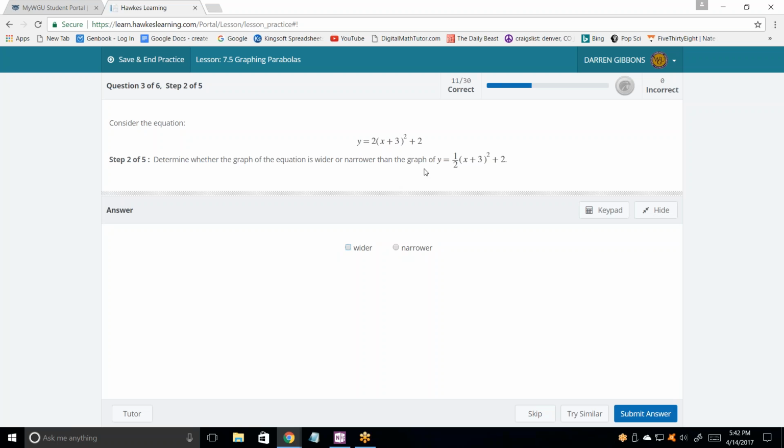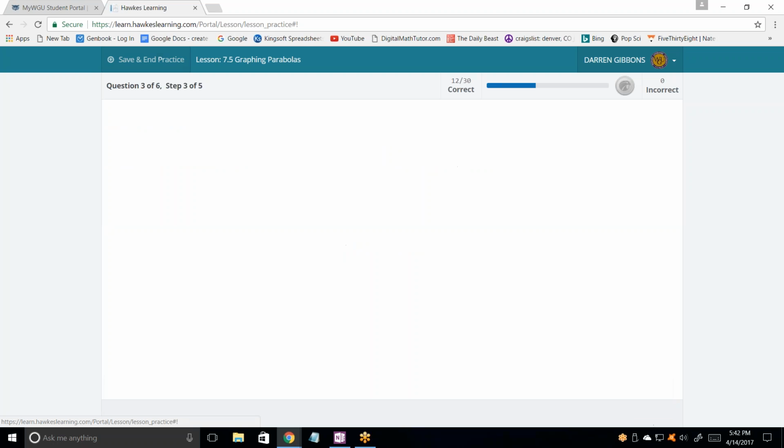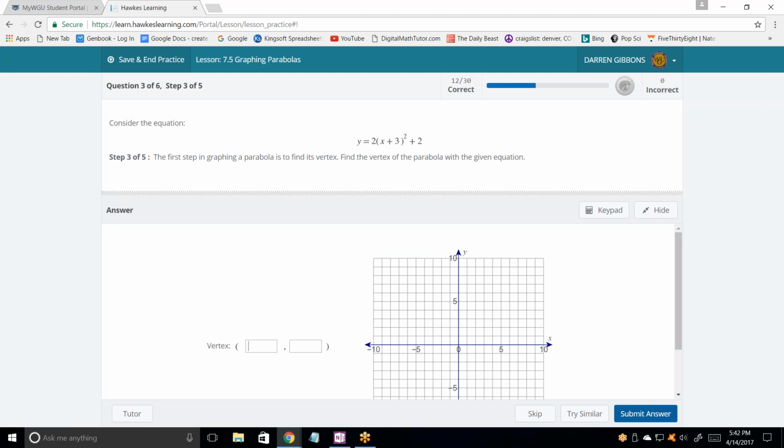I hate it. Is the upper function wider or narrower than the lower function? Narrower. They kind of do these backwards. And the vertex. Where's the vertex going to be?